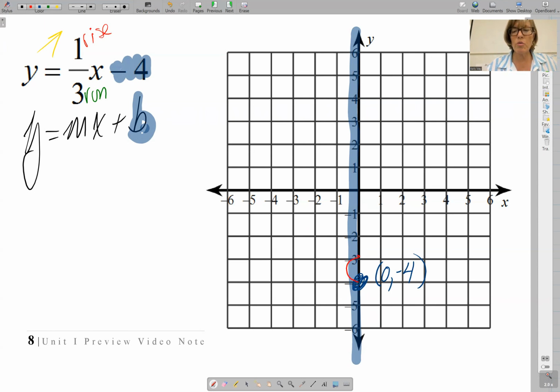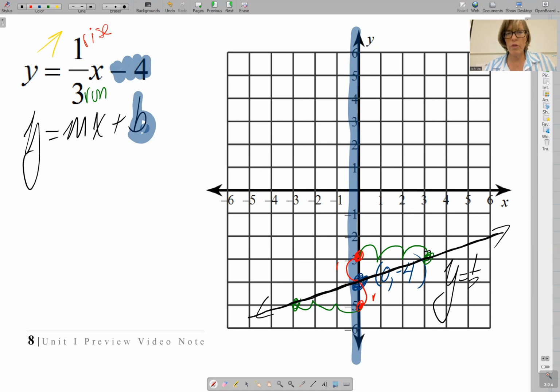So from here, rise 1, or I could drop 1, run 3, straight edge. Y equals 1/3 x minus 4. Just check mentally. Positive slope, positive tilting line.